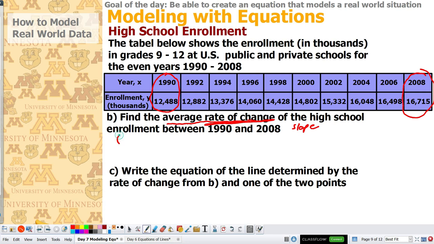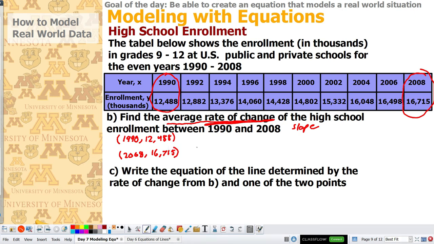So my two points are 1990, 12,488, that's in thousands to get the actual number, and 2008, 16,715.